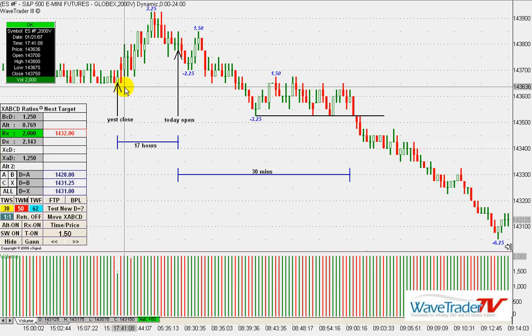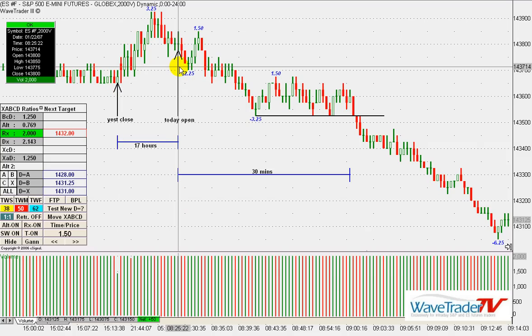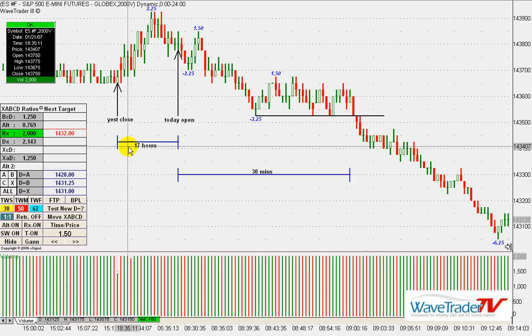But you can see what this does. This is yesterday's close here, and this is today's open here. So I have the entire overnight session, which is 17 hours worth of data between these two lines right here, which is very efficient as far as being able to look at what happened overnight and put it in perspective.